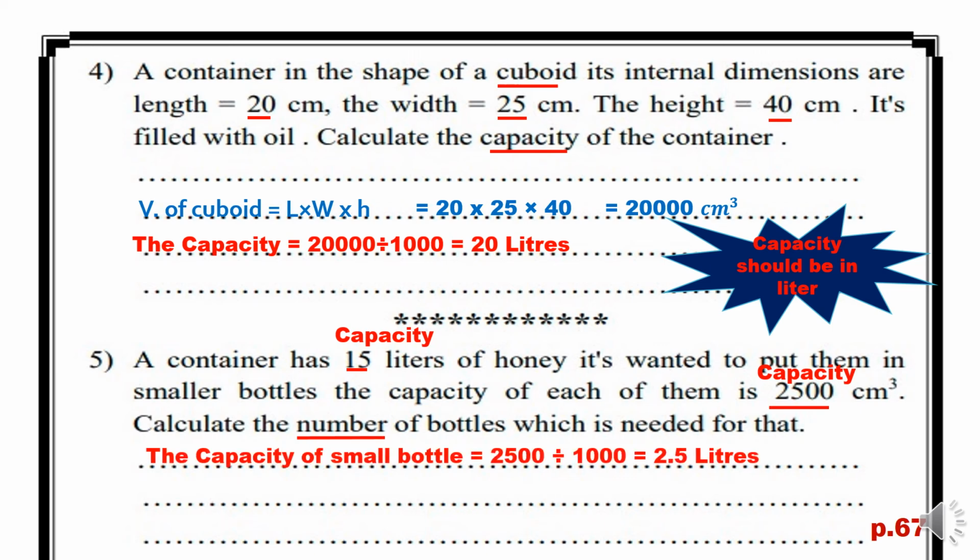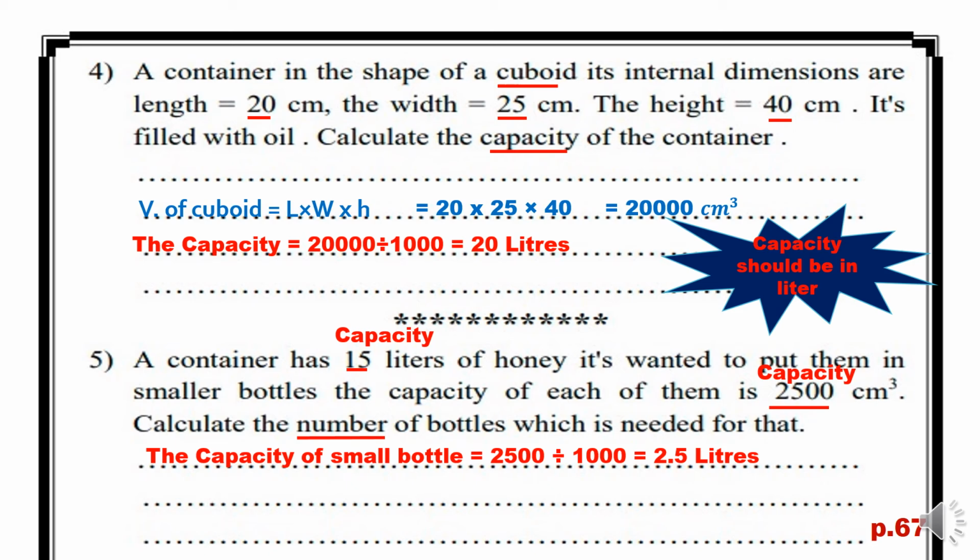The capacity of the smaller bottle is equal to 2,500 divided by 1,000 equals 2.5 liters. Take care that here the unit is centimeter cube. I have to change it into liters.